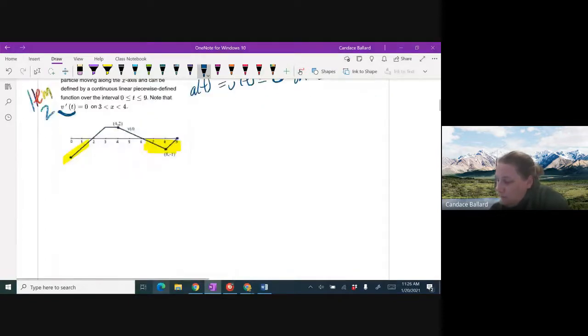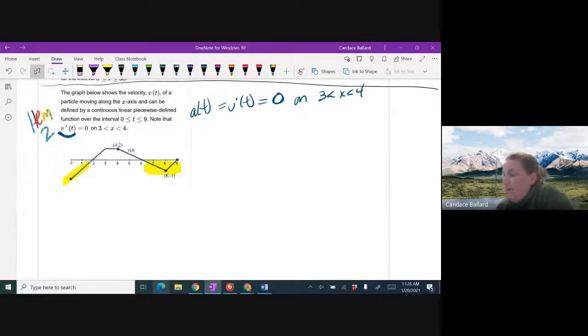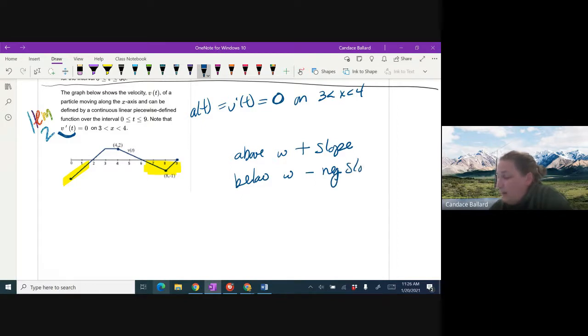So that means if I'm looking at the graph, I want it to be either above with positive slope or below with negative slope. That would make the signs the same. I don't know why I wrote a negative, right? Negative slope. Okay, so let me undo my highlights there, okay?